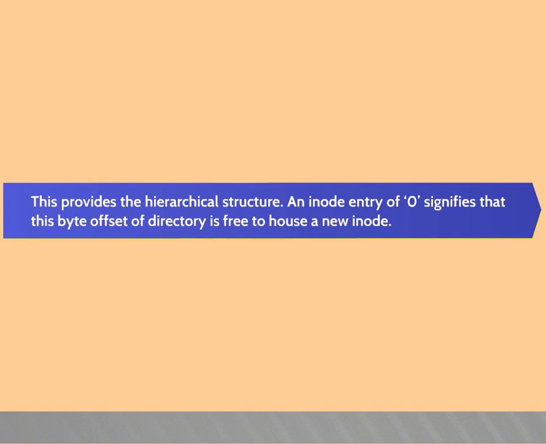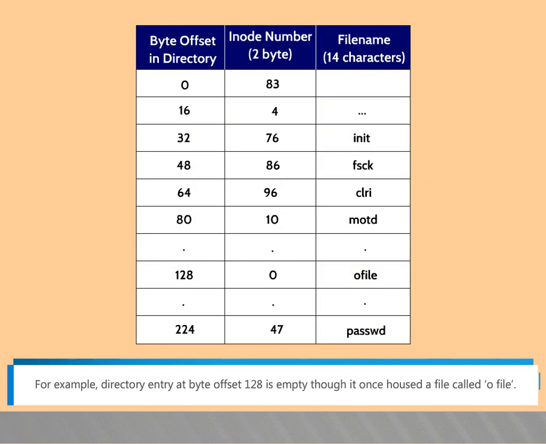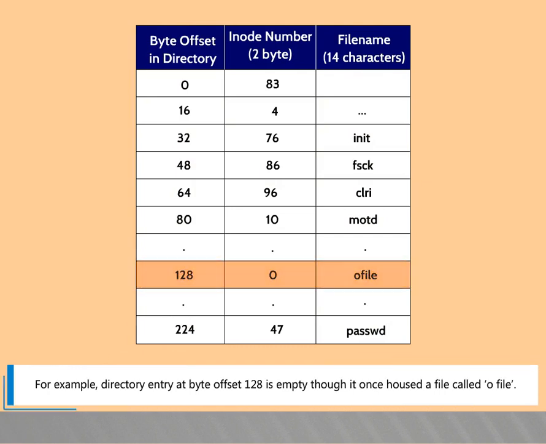An inode entry of 0 signifies that this byte offset of directory is free to house a new inode. For example, directory entry at byte offset 128 is empty, though it once housed a file called 0 file.